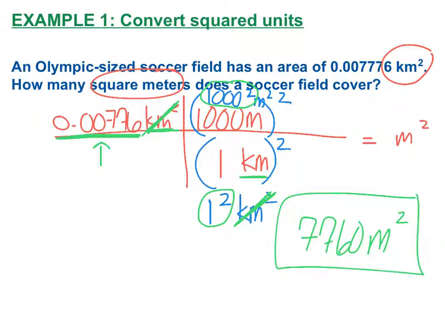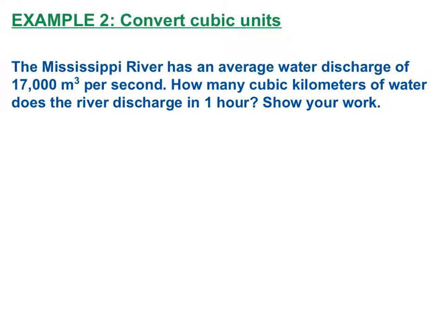Let's look at a cubic one. The Mississippi River has an average discharge of 17,000 cubic meters per second. How many cubic kilometers of water does the river discharge in 1 hour? Show your work. Cubic lengths are a volume.